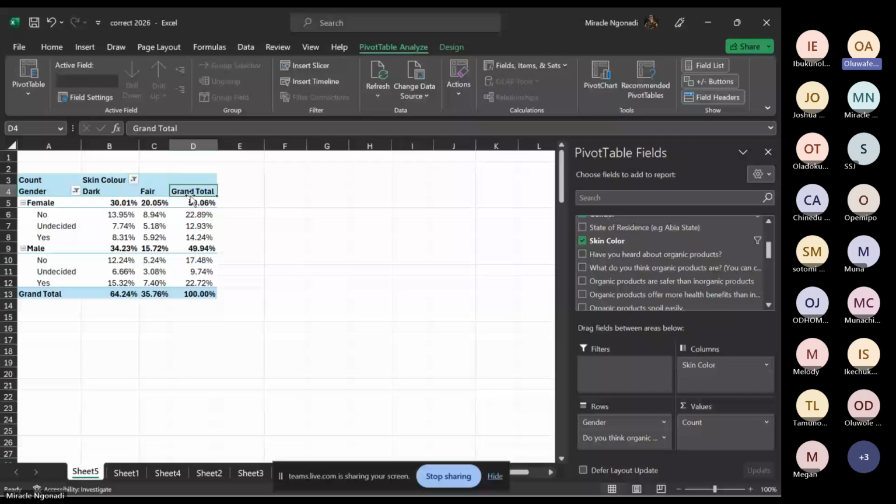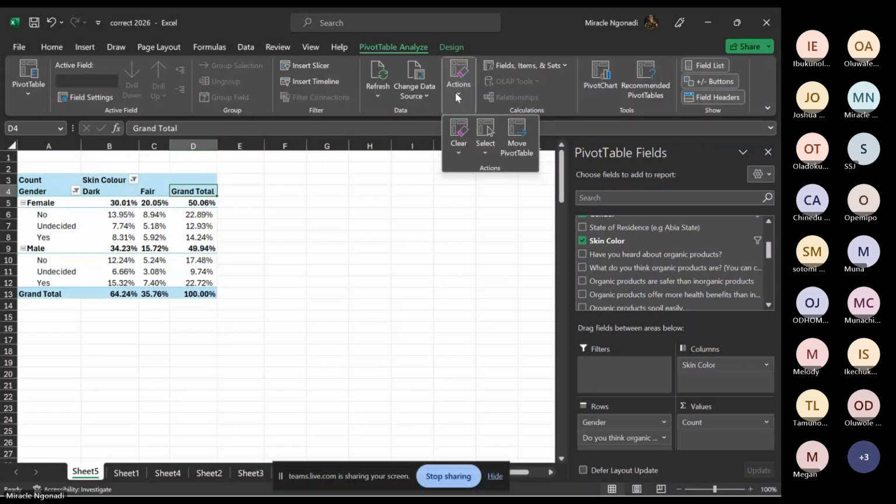Yes, it is. It says clear? No, don't clear everything. It says remove pivot table. Don't clear it, please. There's an arrow button underneath it. Use that to open, but not clear itself. No, just don't click on it, please. Just leave it. I'll fix it the next time we come.